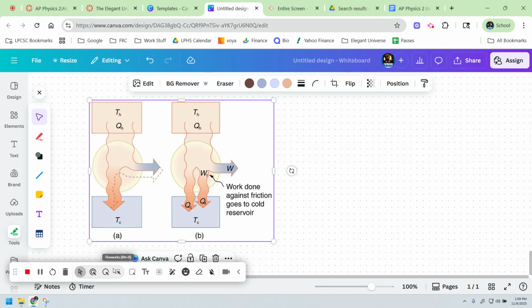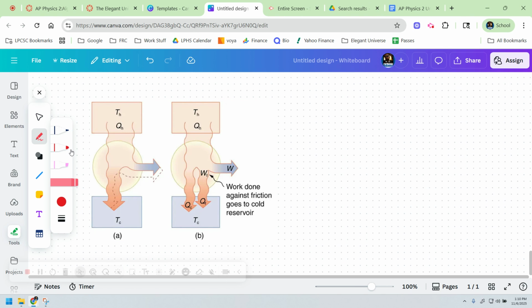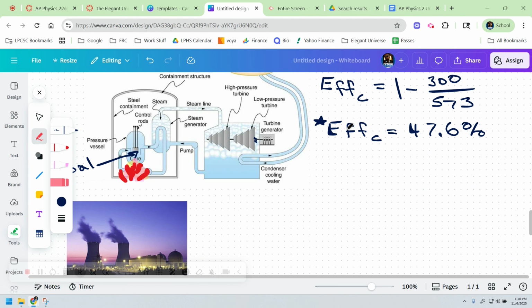So this is work done against friction goes into the cold reservoir, right? So if we scroll back up here, the second image is pretty accurate, describing what happens, right? So if we go to this process here, well, there's friction here, isn't it? Well, some of that friction will dissipate as heat.